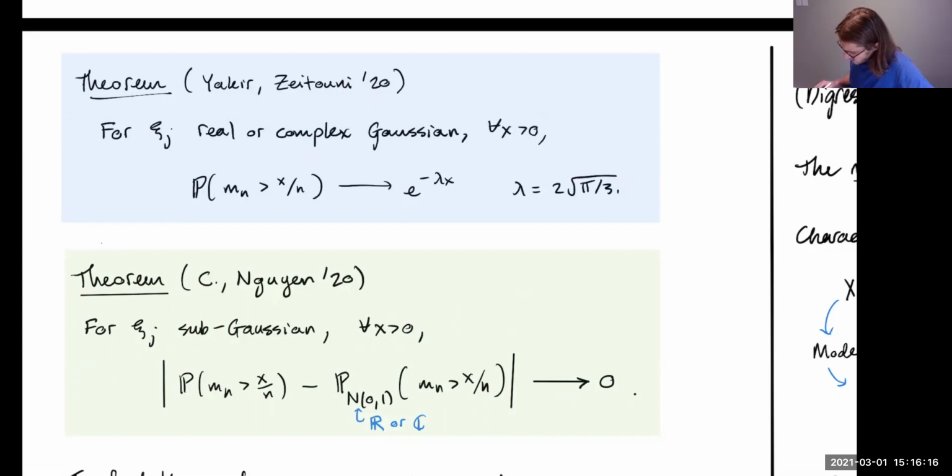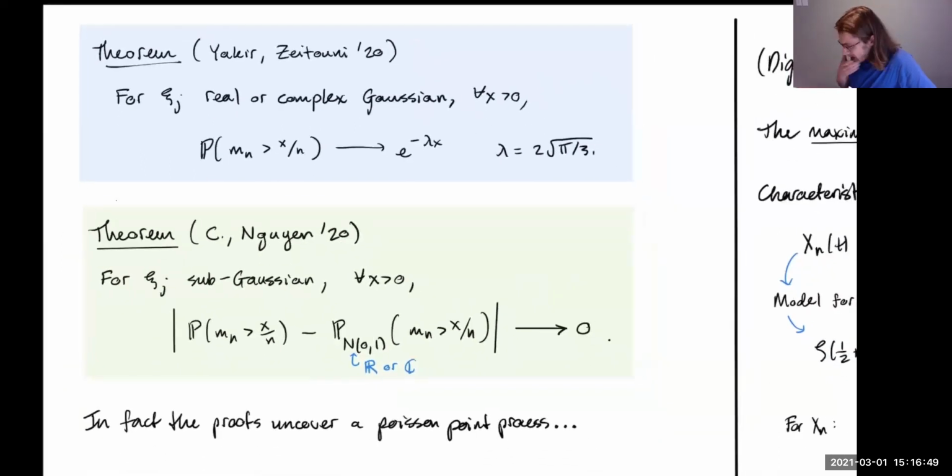Our result is that whatever the answer is for the Gaussian case, it's the same for any sub-Gaussian coefficient distribution. So there's a comparison. Taken together, we get that the limiting distribution is exponential at scale 1/n.